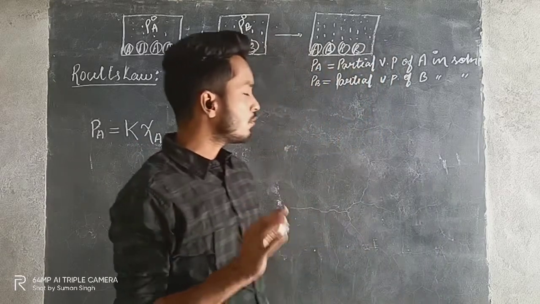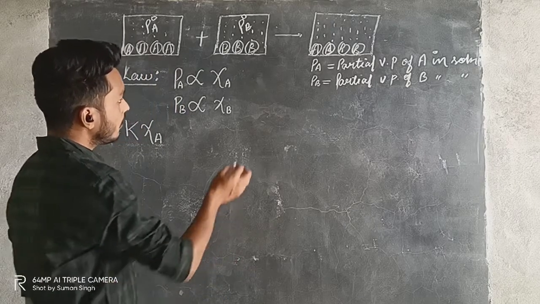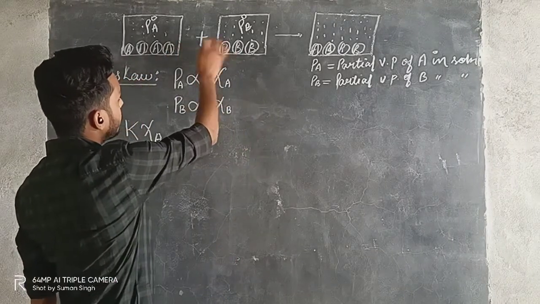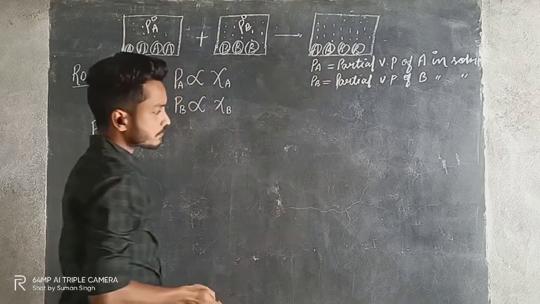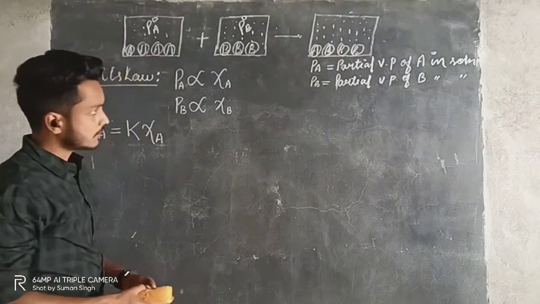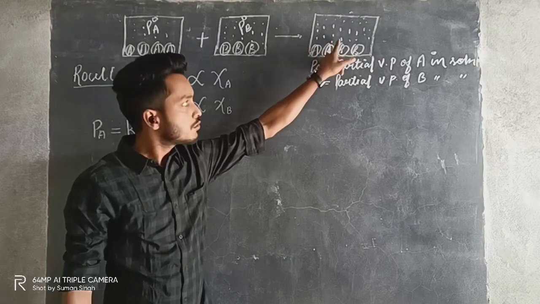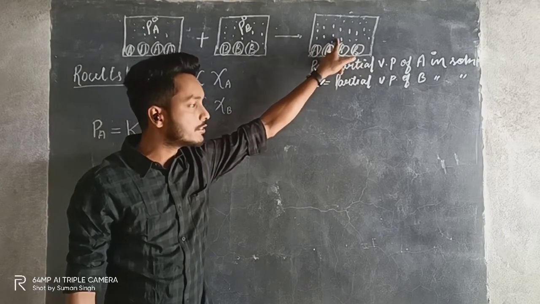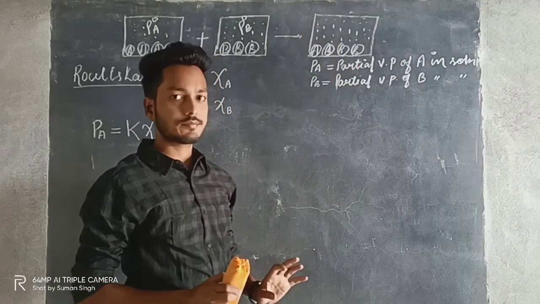So what we will assume, you just see here, when we were taking PA, P naught B, PA, PB. The case is this solution, right? In this solution, we will just assume that B is not present.